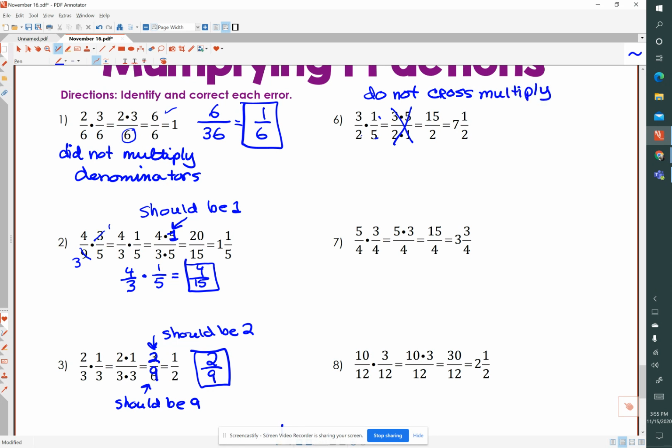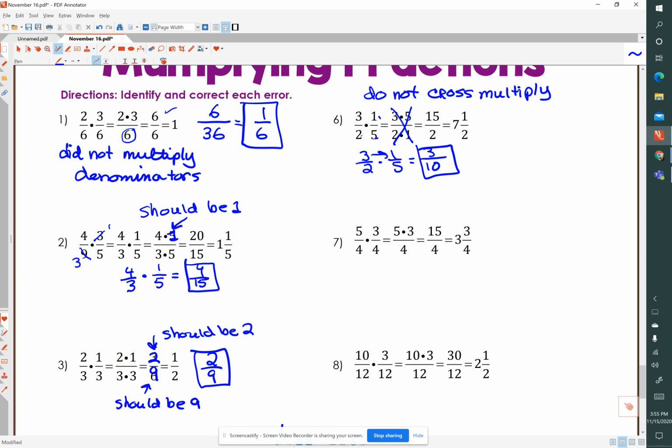When you get into algebra and you learn proportions, we will do that. So what that should be is 3 over 2 times 1 over 5, multiply straight across. 3 times 1 is 3, 5 times 2 is 10, and that is a final answer.